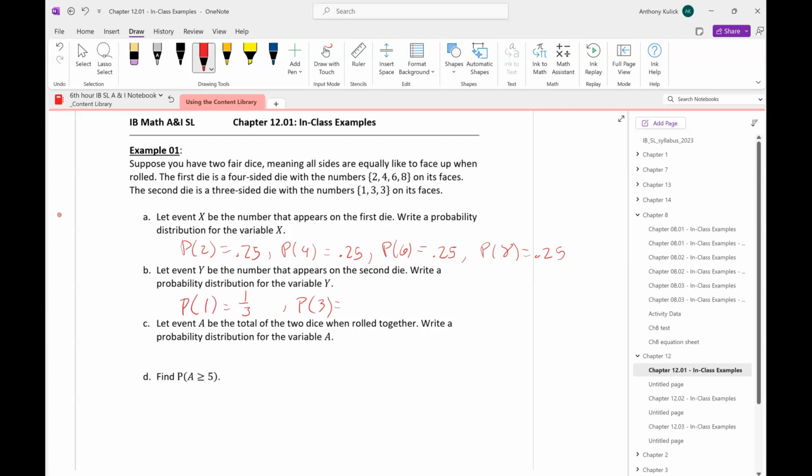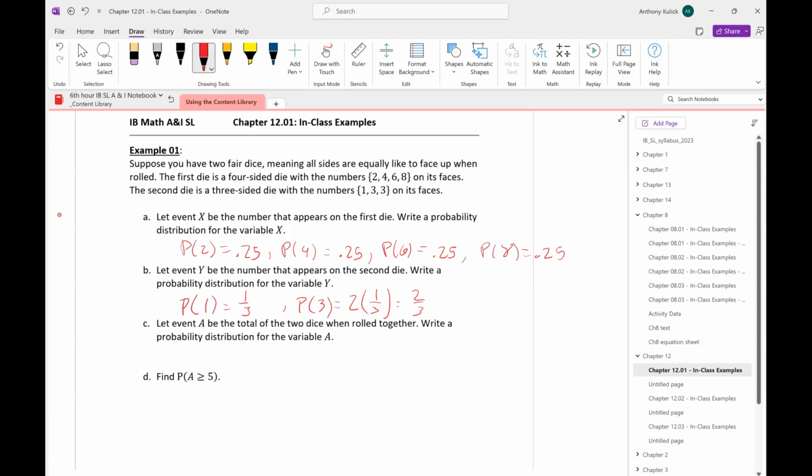What are the outcomes we can get from the second die? 1 and 3, right? So what's the probability of getting a 3 then? How many different ways can you get a 3? Twice. So it's 2 times 1/3, or 2/3.